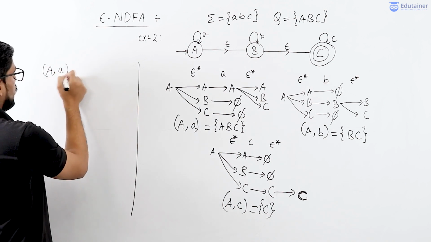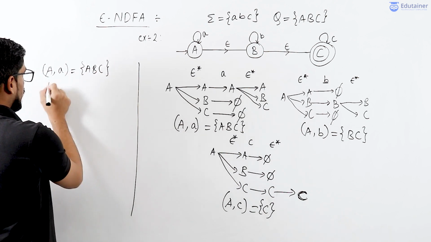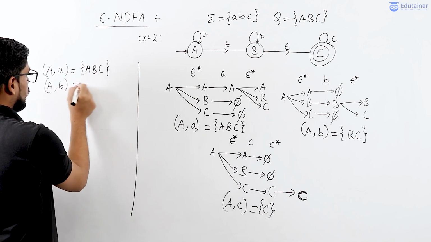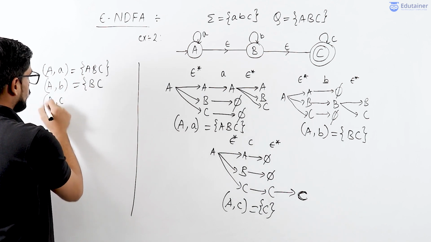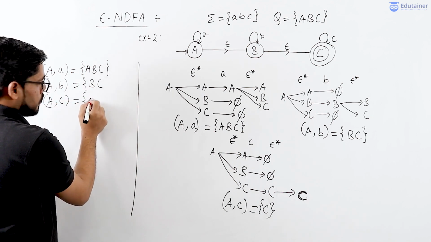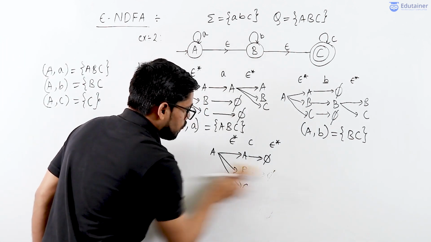A on a will go to ABC, A on b will go to BC, A on c will go to capital C. Okay, so state A is over.